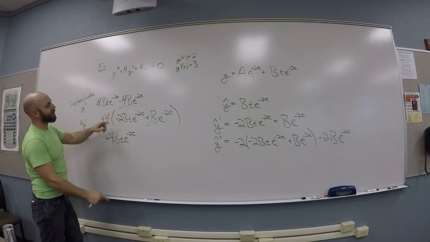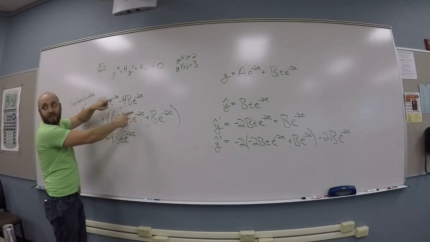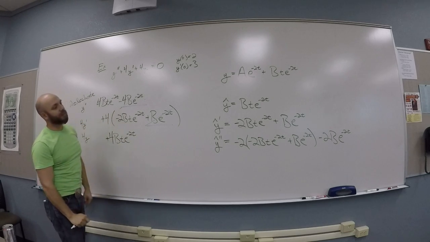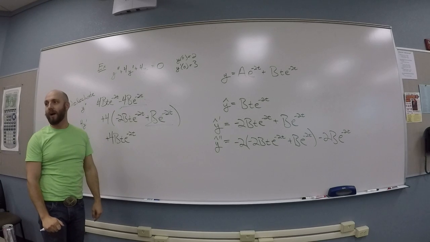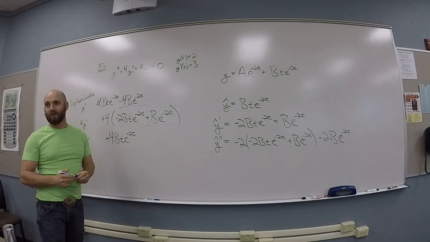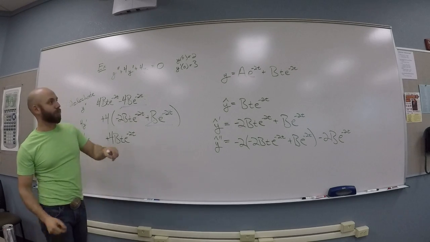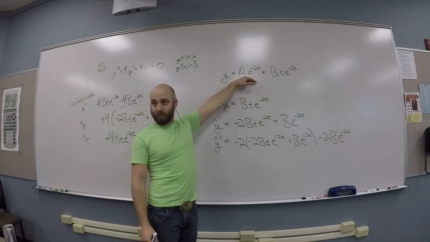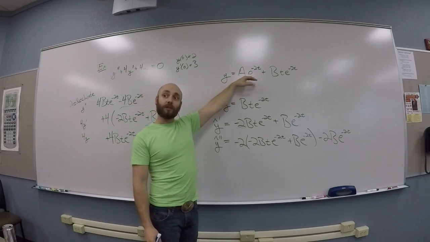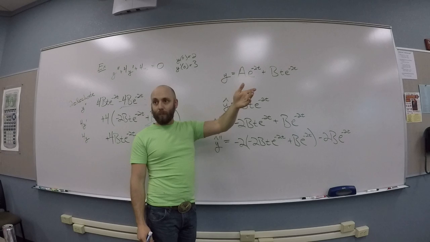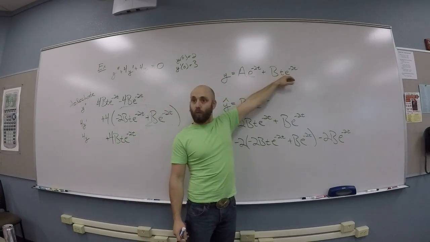The miracle was that these two things canceled on their own. The reason they canceled was that e to the minus 2t was already one of the solutions. This trick won't work if you only have one root, like if your characteristic equation factors into r plus 2 and r minus 2, then t e to the minus 2t won't be a solution.